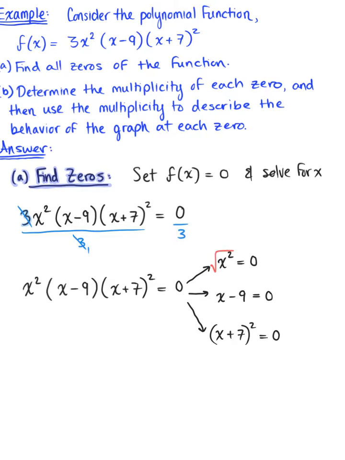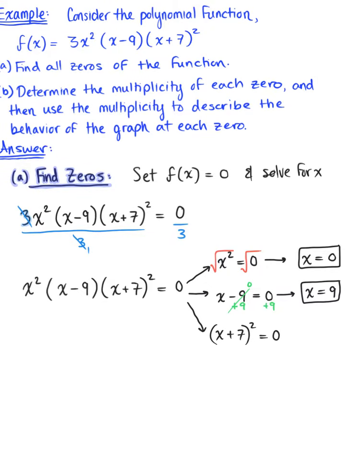So to do that, we take the square root of both sides of the equation, which leaves us with x is equal to 0. So here is 1, 0. In case number 2, to solve for x, we need to add 9 to both sides of the equation. So we see minus 9 plus 9 cancels itself out to 0, leaving us with x is equal to 9. So here is another 0.